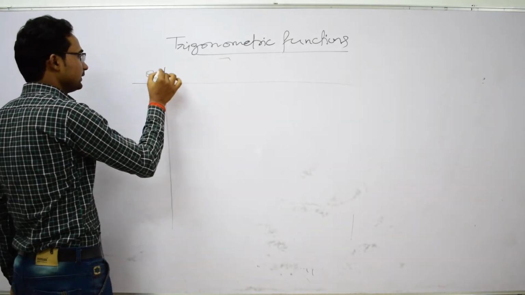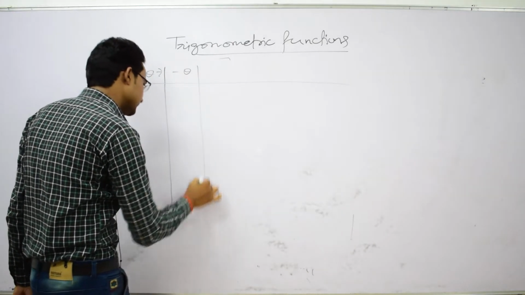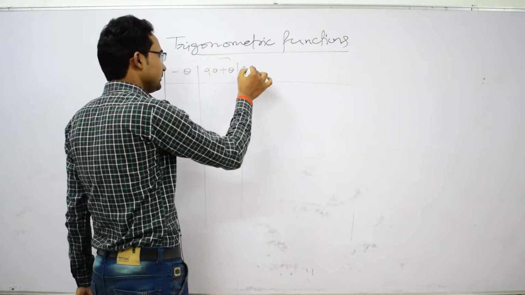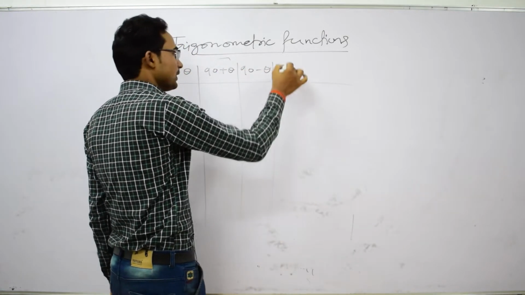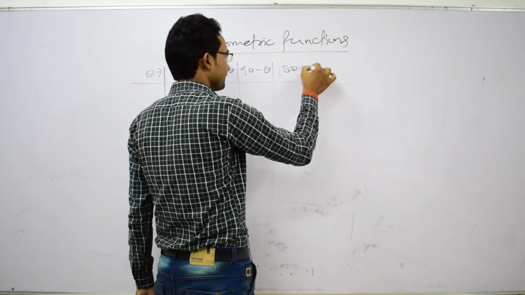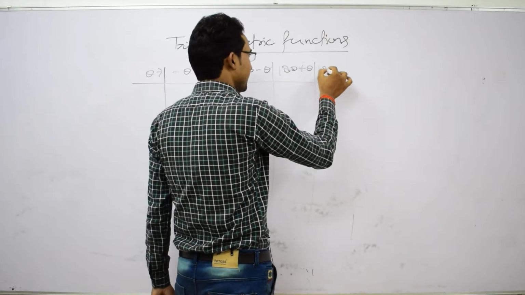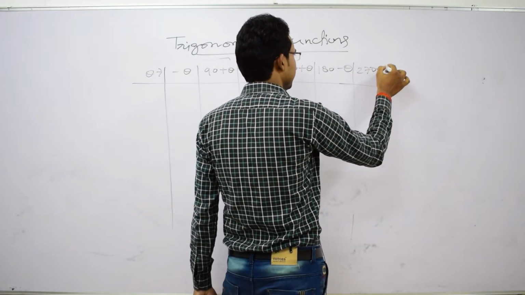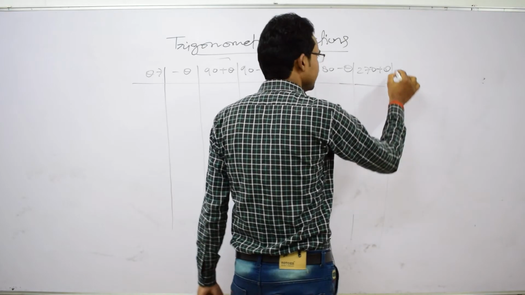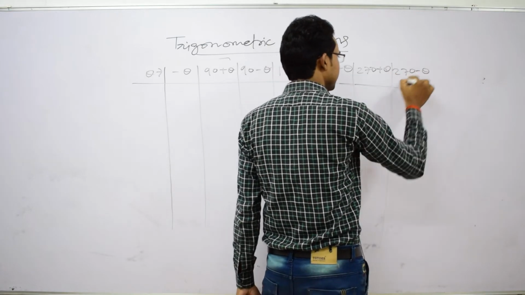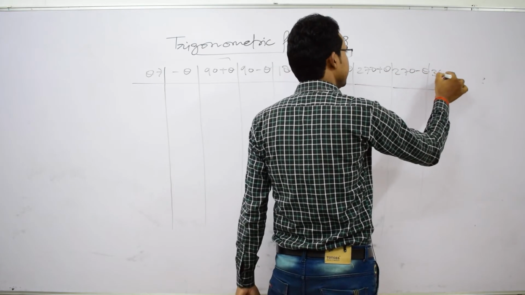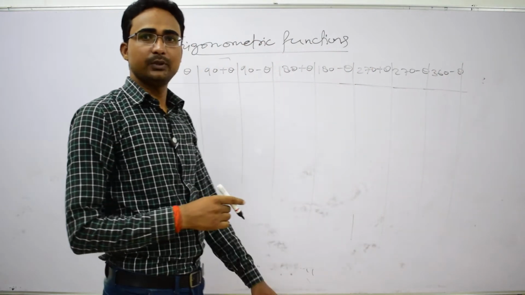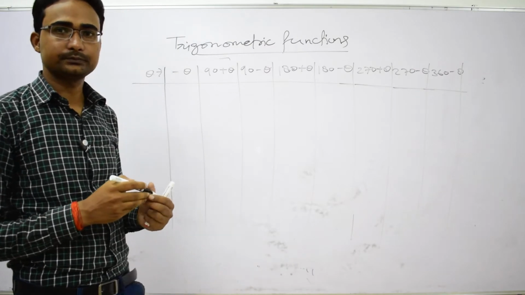Here is theta: one is minus theta, 90 plus theta, 90 minus theta, 180 plus theta, 180 minus theta, 270 plus theta, 270 minus theta, and 360 minus theta. And 360 plus theta will be in the first quadrant.